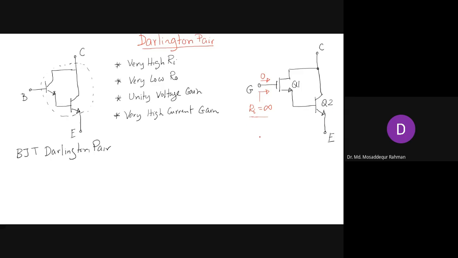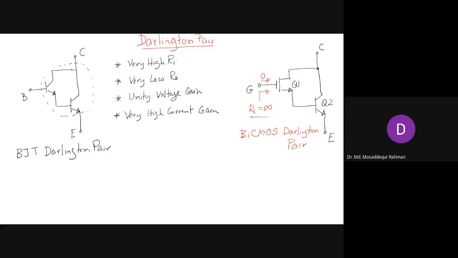This is known as the BiCMOS Darlington. This is our BJT, the bipolar junction transistor Darlington pair.